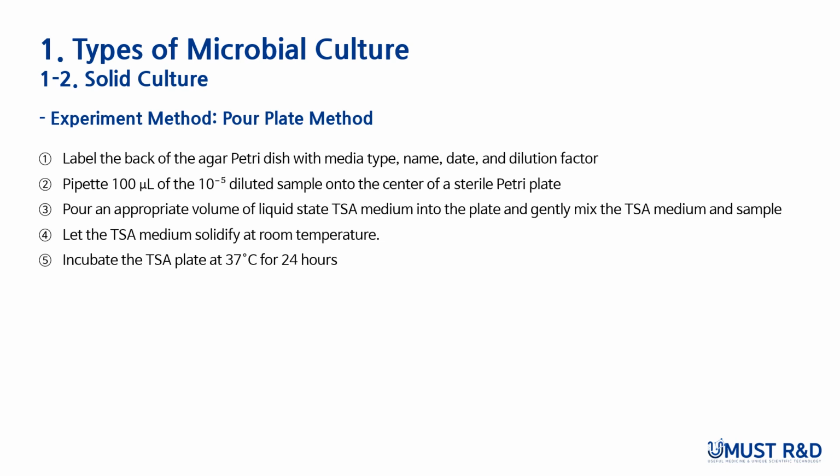Next, a sufficient volume of liquid TSA medium is carefully poured into the dish. The sample and the medium are mixed gently to ensure even distribution. The TSA medium is solidified at room temperature. After that, the TSA plate is incubated at 37 degrees Celsius for 24 hours.